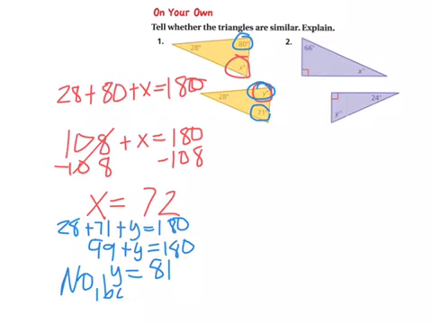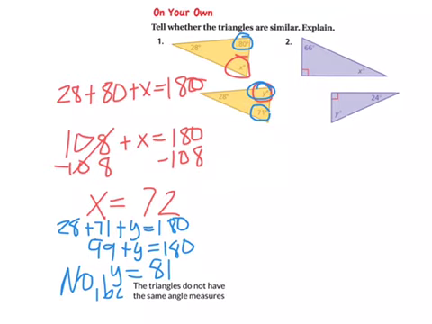I'm going to type it, because that will fit a whole lot better than me handwriting it. Okay, so no, because the triangles do not have the same angle measures for number 1. So now let's do number 2.